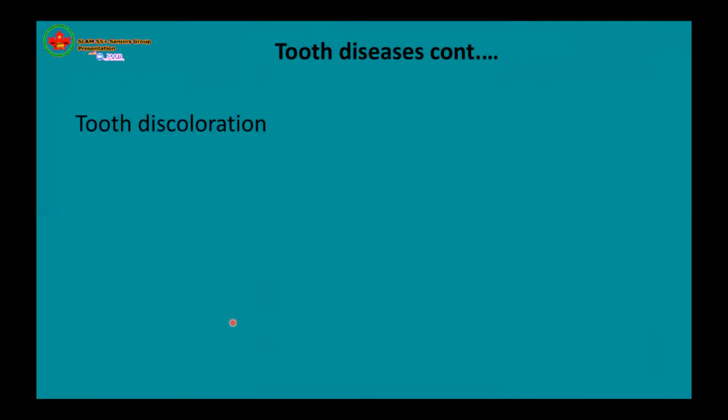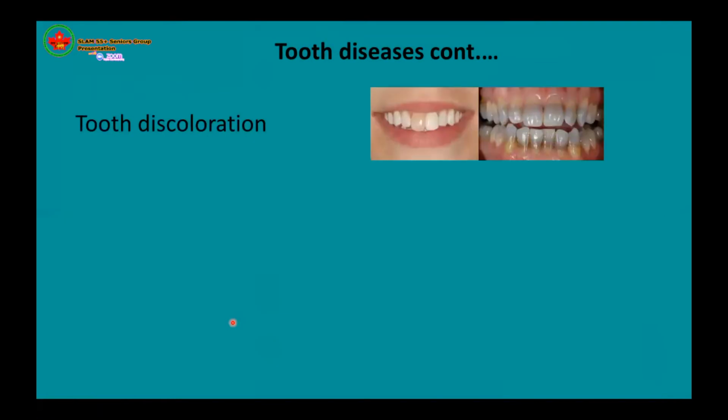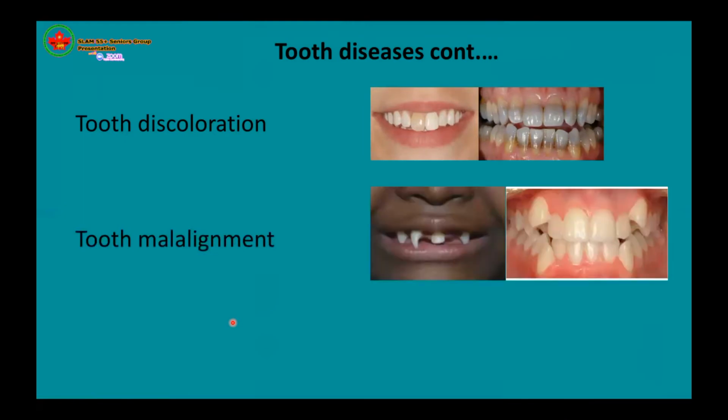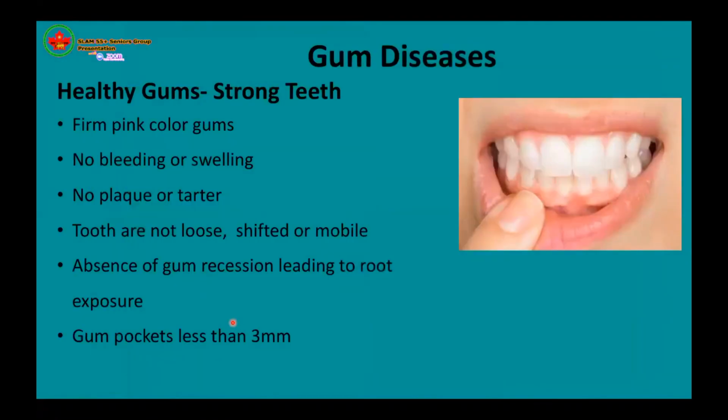Tooth discoloration is another common tooth problem at the dentist's office. Tooth malalignment, such as crowding and spacing of teeth, is most of the time related to our genetic makeup of tooth and jaw dimensions.